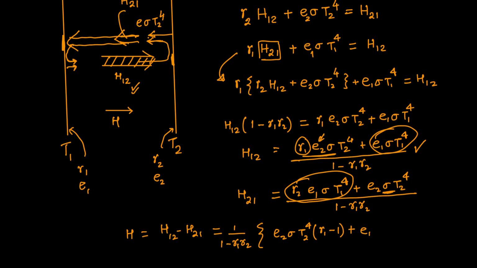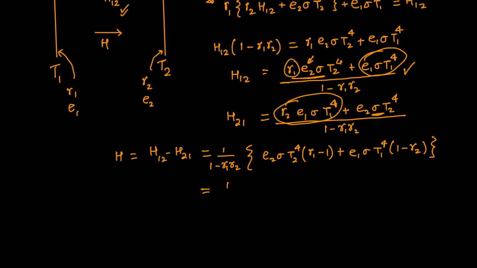So E1 sigma T1^4 times 1 minus R2. Okay. E2 sigma T2^4. We know that R1 plus E1 is 1. So R1 minus 1 is minus E1. And 1 minus R2 is E2.